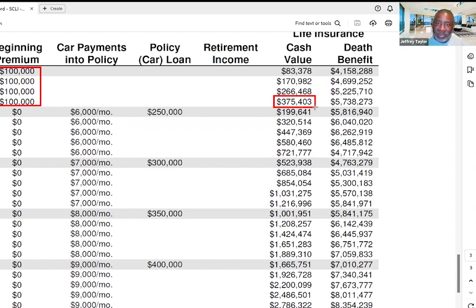Wow, that's powerful. Okay, so we've talked about, in this case, they took 250 out, but what we want to do here is double that money every 5 years. That is the power of bridging a HELOC with a policy and utilizing the policy the same way that you would use a credit card.